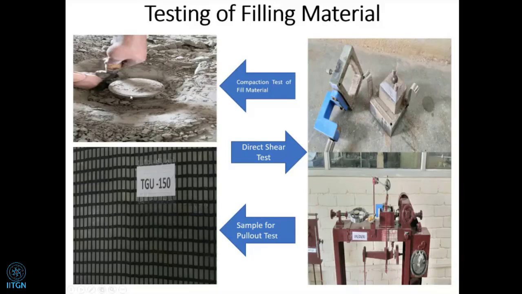Then the core cutter test is performed for checking the in situ density after compaction, whether it is compacted up to the desired level or not, which is 97% of the OMC MDD. So all these tests show how we have to prepare the compaction as well as the soil bottom portion of the strata in the tank.